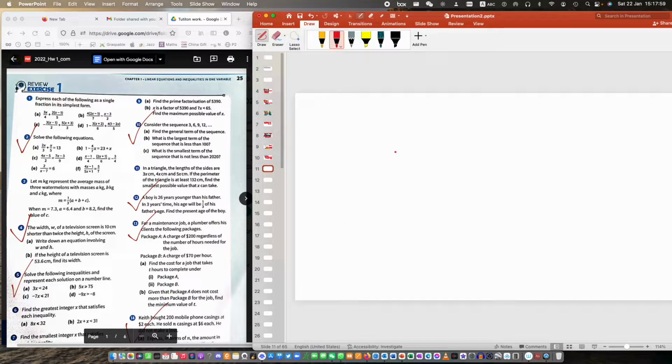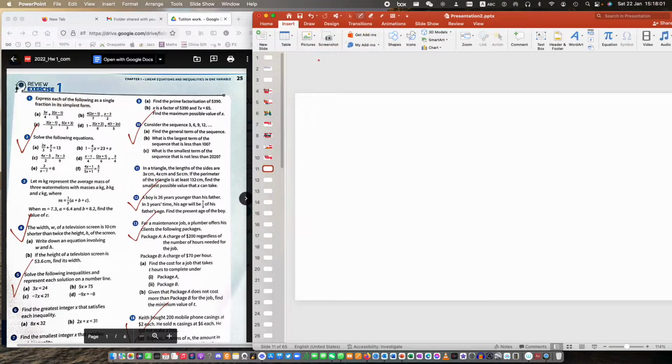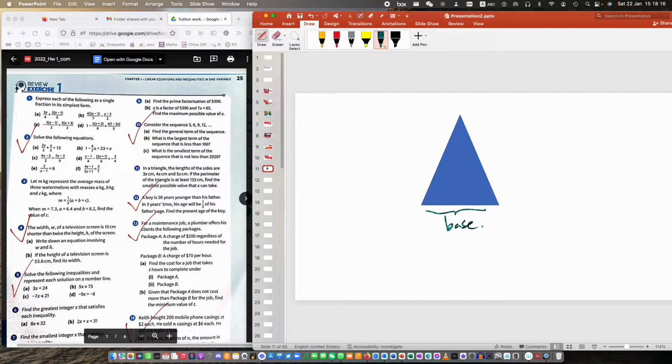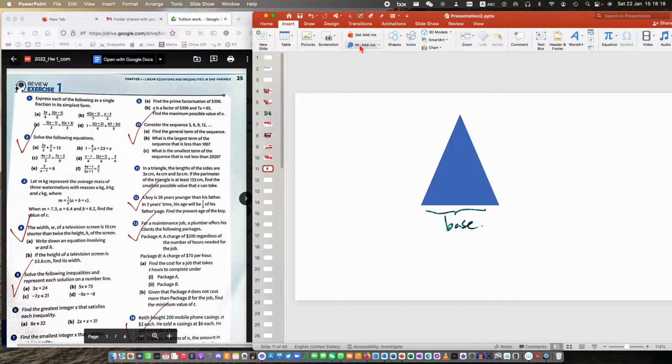Hold on. What is this? A triangle. Very good. This is called a base. Very good. So this is called the base. Then let's draw the height.